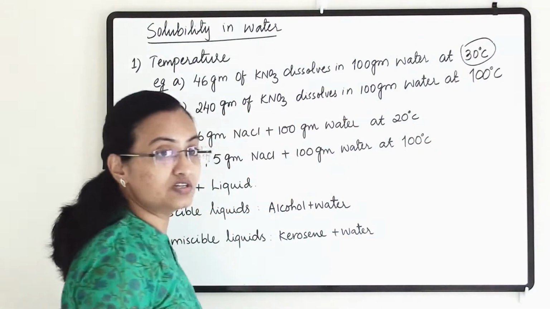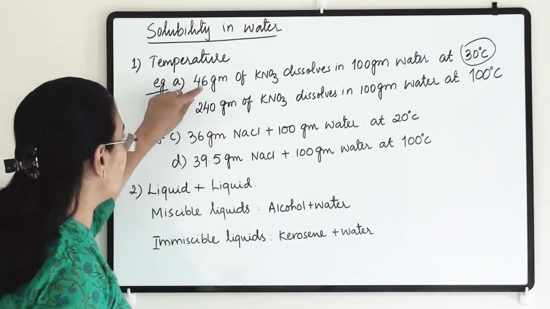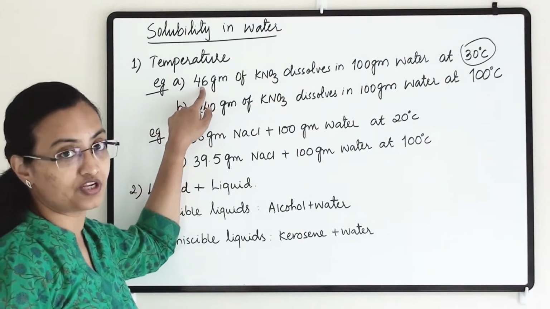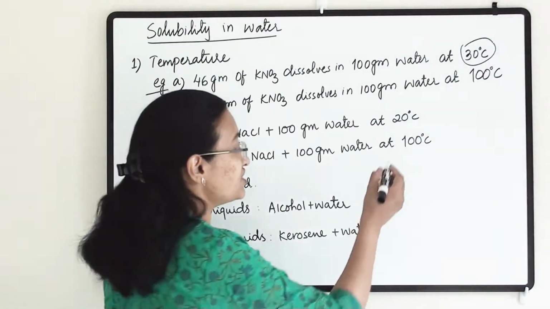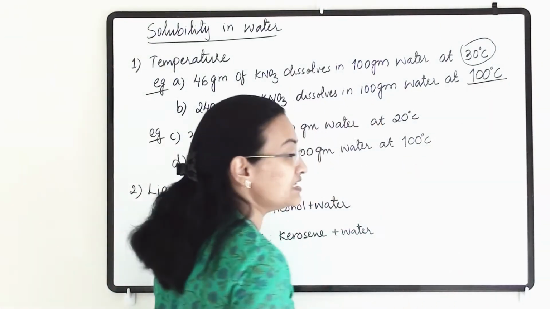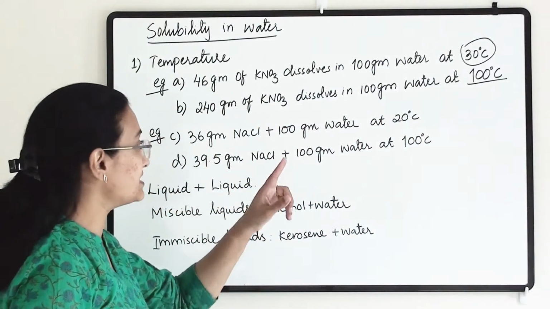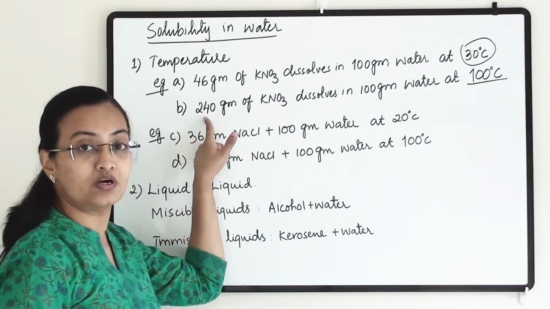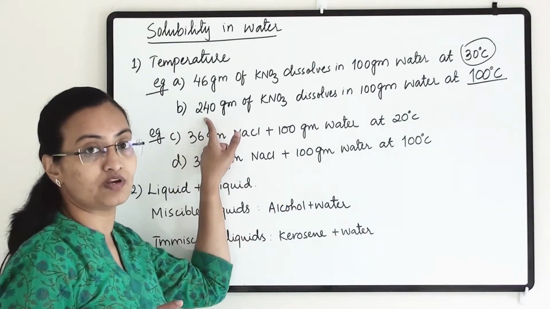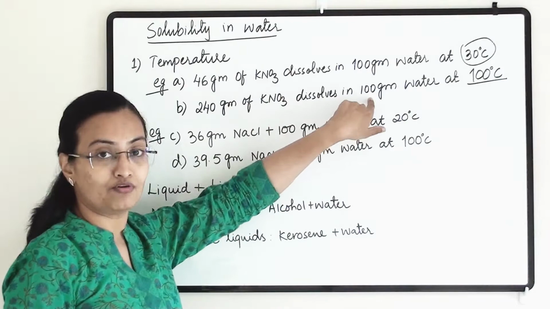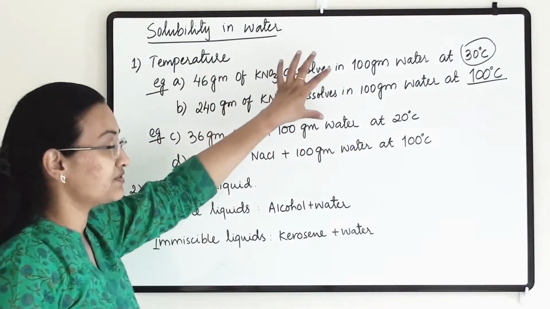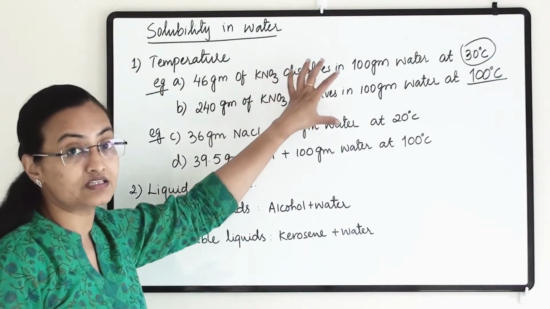So when the temperature is 30 degrees Celsius, we can dissolve only 46 gram of potassium nitrate. But when we increase the temperature up to 100 degrees Celsius, we can dissolve 240 gram of potassium nitrate in 100 gram of water. So this is the difference: solubility has increased largely.